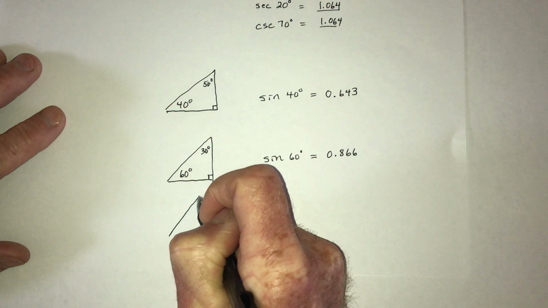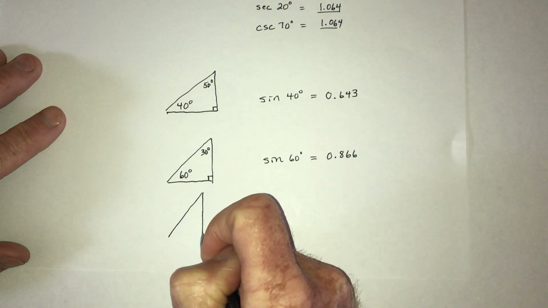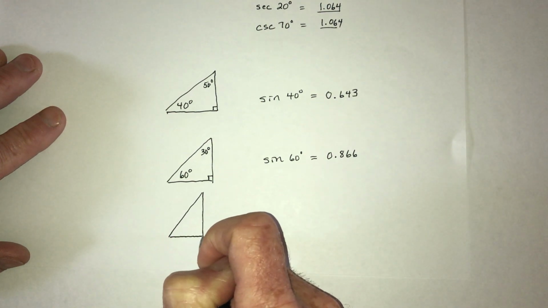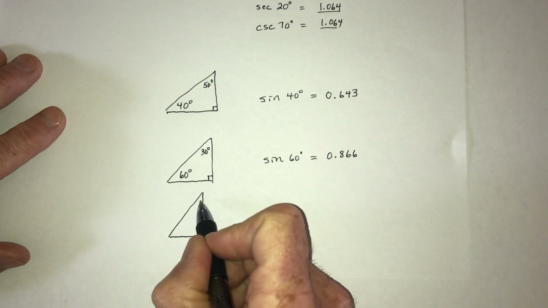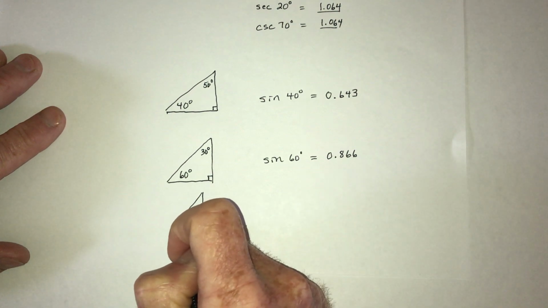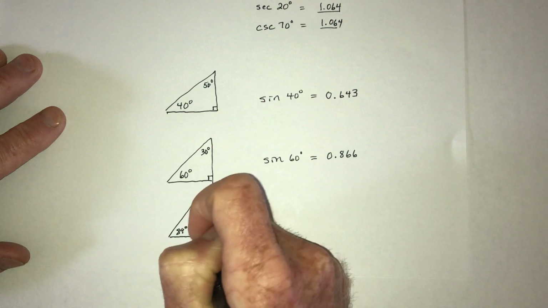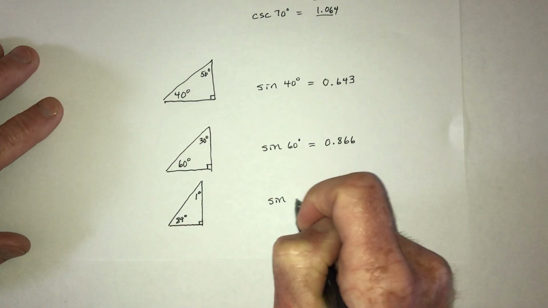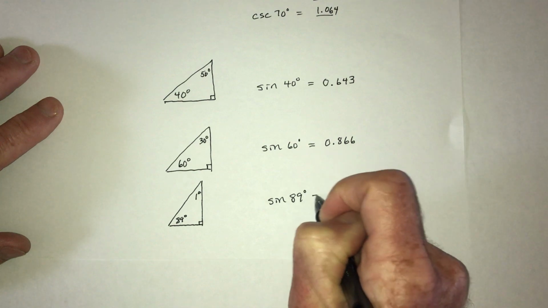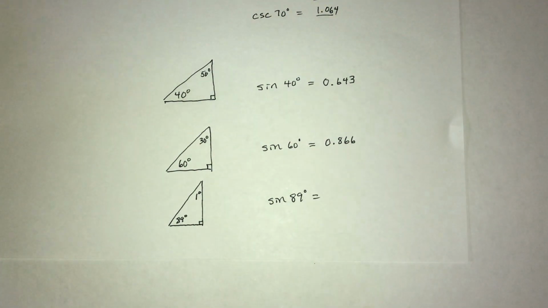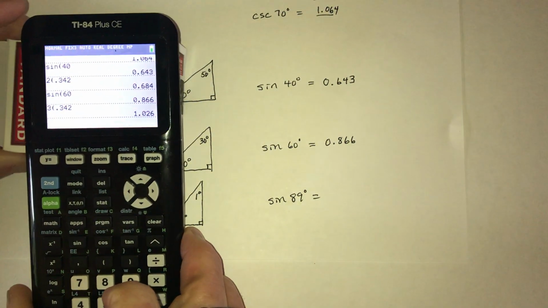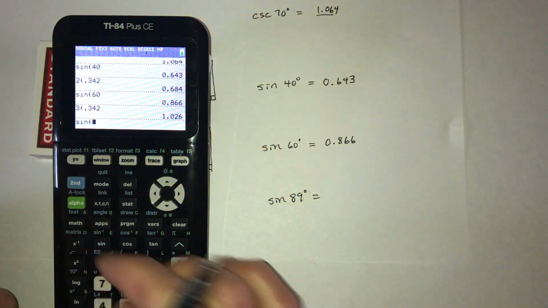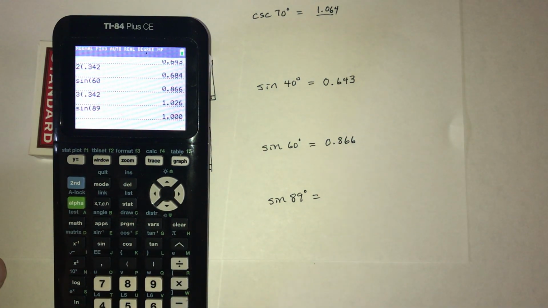Again, I'm not drawing it to scale, because if I did, it would be very difficult to write the numbers in here. So what if this was 89 degrees and this was 1 degree? Then how much is sine of 89 degrees?